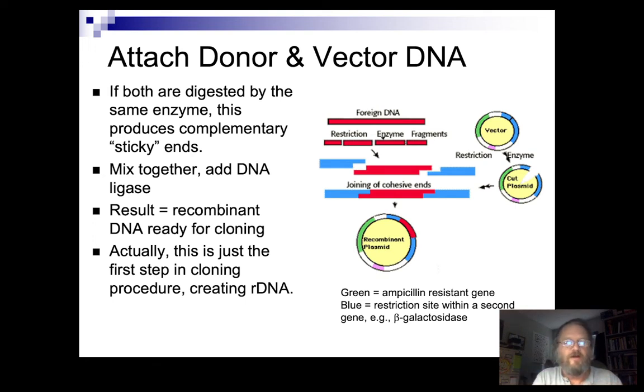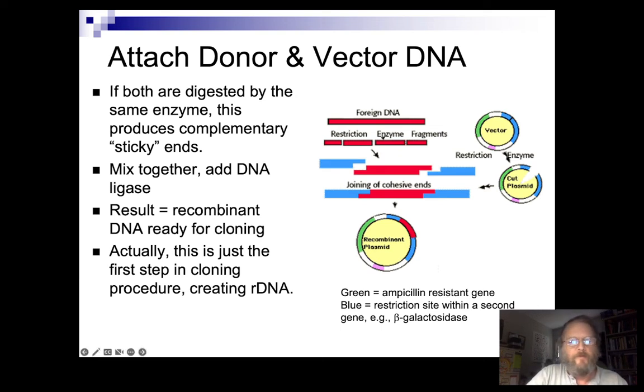So you're going to need a technique now to separate that. And so the business end of the cloning often involves doing some selection. Okay, because you want to select certain vectors that have your recombinant DNA.